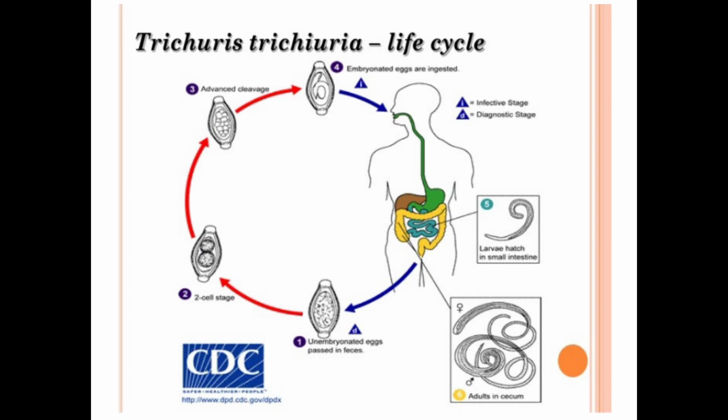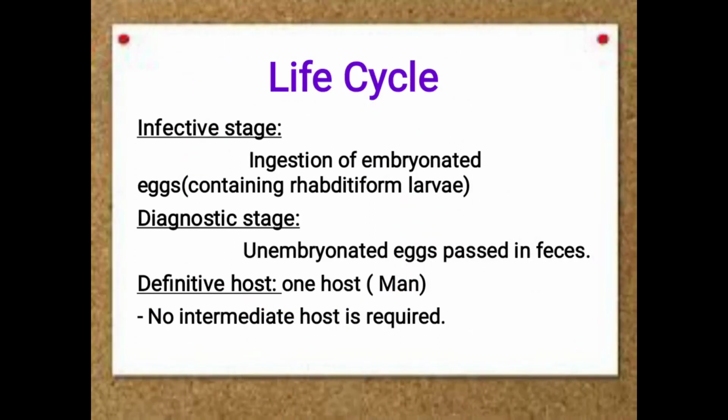They can then mature into a form that is infective. The infective stage of this parasite is the ingestion of embryonated eggs containing rhabditiform larva. The diagnostic stage is embryonated eggs passed in feces.